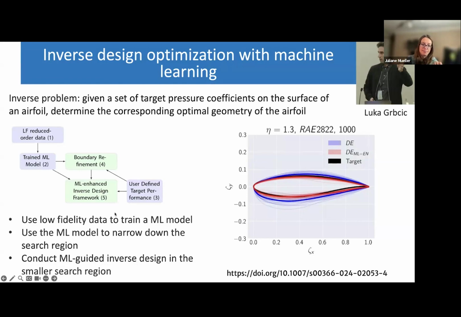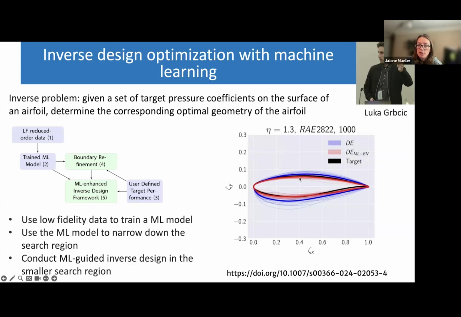And then we use machine learning models in an inverse design framework that ingest the target performance metrics and the smaller boundaries to do iterative optimization and sampling of the high fidelity model to get to our target geometry here. In black again in this image is basically the ground truth, the thing we try to recover in this example.